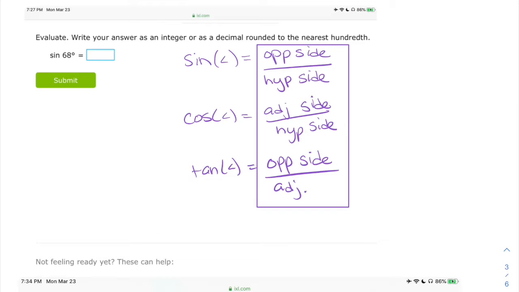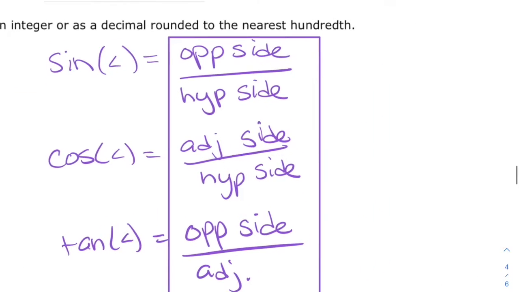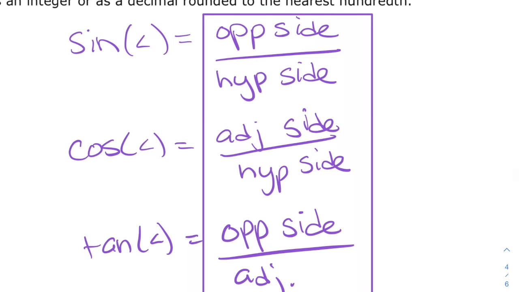So remember that we have sine, cosine, and tangent, and I pulled this from the last lesson. Sine of our angle is equal to the opposite side over the hypotenuse side. The cosine of an angle is equal to the adjacent side over the hypotenuse side.